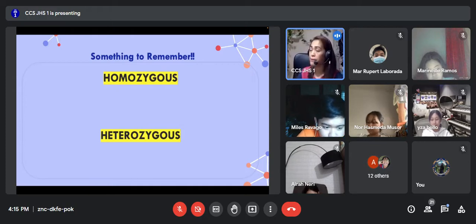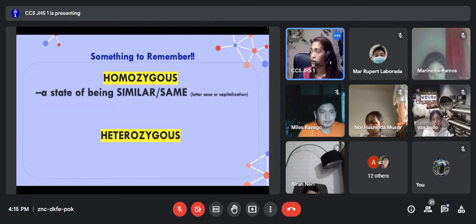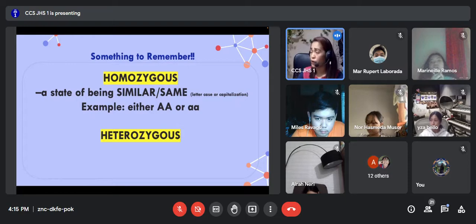Another thing we need to remember is the terms homozygous and heterozygous. The prefix homo refers to a state of being similar or the same. In this case, we have the same letters with the same capitalization or letter case. When you talk about homozygous in terms of the genotype, it's either capital A, capital A, or small a, small a.